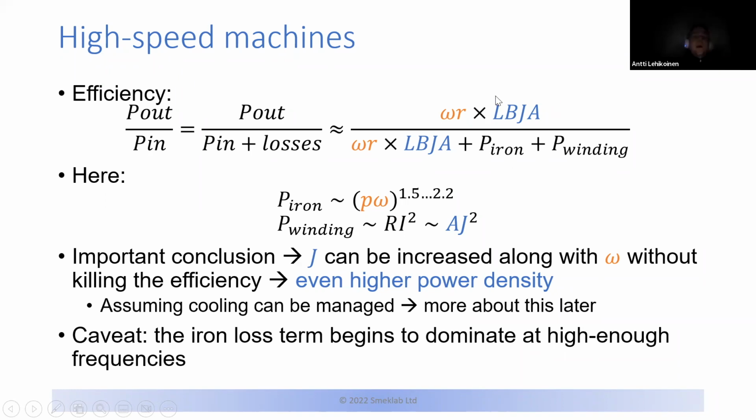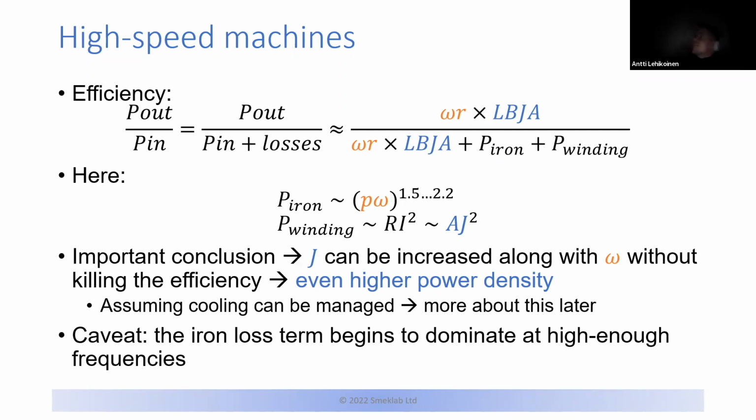And we already have our formula for the output power, the mechanical power here. Let's just plug it in. And then for the losses, let's consider the iron losses and the winding or copper or resistive losses here. The iron losses are proportional to the electrical frequency, so the number of pole pairs times the mechanical speed to the power of something between 1.5 to 2.2 usually.